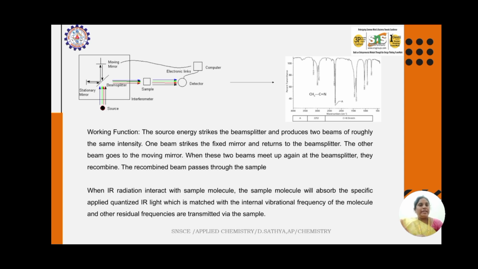The recombined beam passes through the sample. When the IR radiation interacts with the sample, the molecules absorb the specific quantized IR light that matches the internal vibration frequency of the molecule, and the rest is transmitted through the sample. Here the IR spectrum is given in this picture.